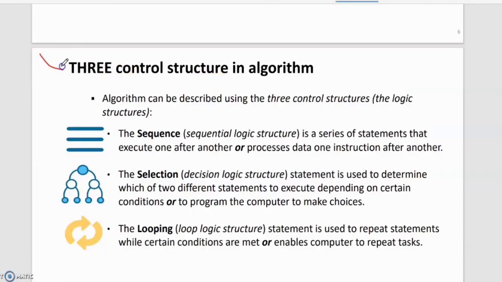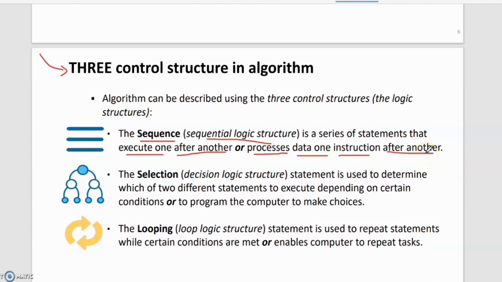We have three control structures in algorithm. An algorithm can be described using the three control structures, the logic structures. The first one we have is sequence. The sequence logic structure is a series of statements that execute one after another, or process data one instruction after another.